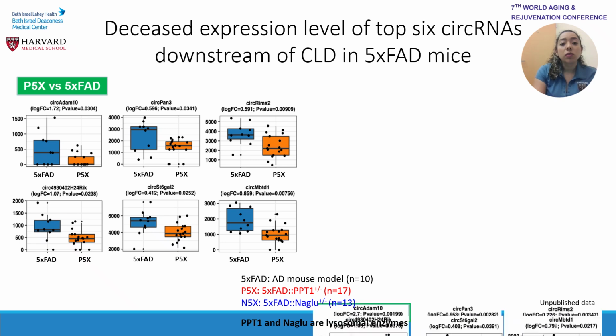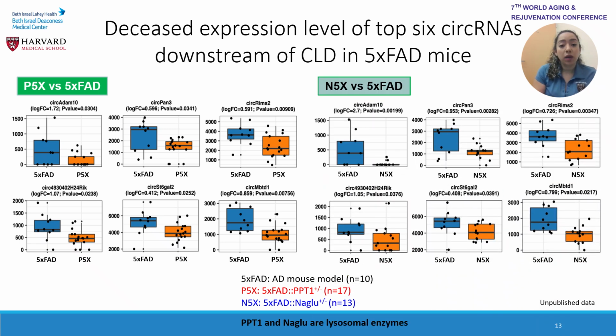We observed similar results with the circRNAs that were significantly downregulated across both models. This suggests that chronic lysosomal dysfunction influences circRNA expression in a consistent, directional manner independent of the specific enzymatic deficiency.